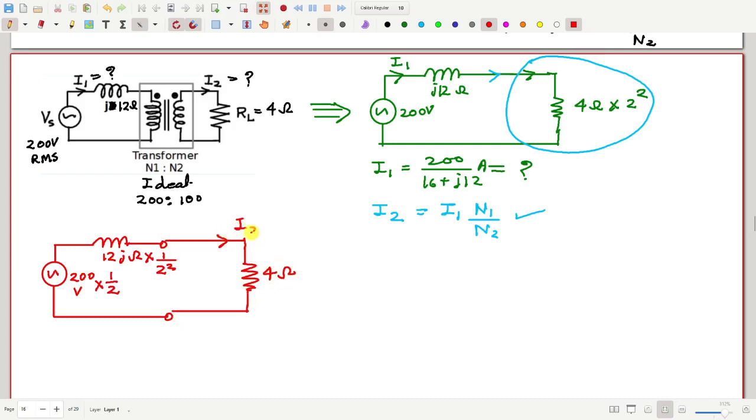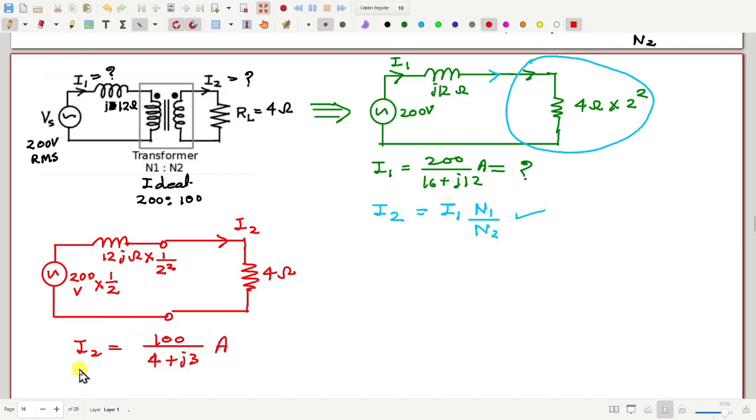This current is I2. How much is I2? I2 will be 200 by 2, so this is 100, divided by 4 plus j3 ampere. That will be the value of I2.